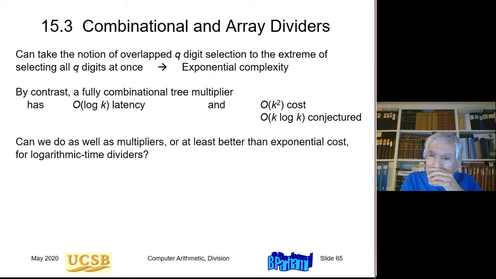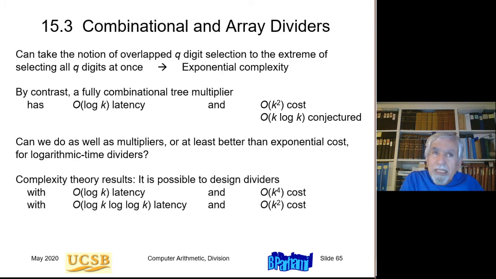By contrast, for dividers, we have theoretical results that say if you want to design a divider with order log k latency, basically asymptotically as fast as multipliers, you need a minimum order k to the 4th cost.